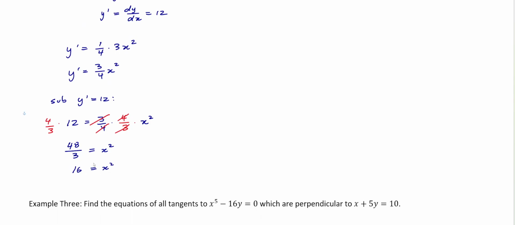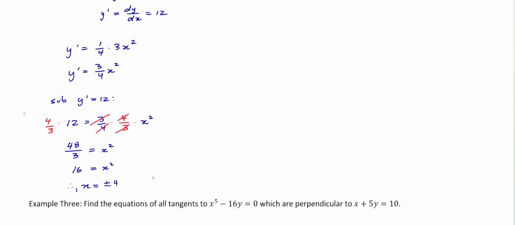Now I'm going to take the square root of both sides, but remember, I need to take the plus or minus square root of both sides to find both values of x. So x could be positive 4, but it could also be negative 4, because negative 4 squared is also equal to 16.